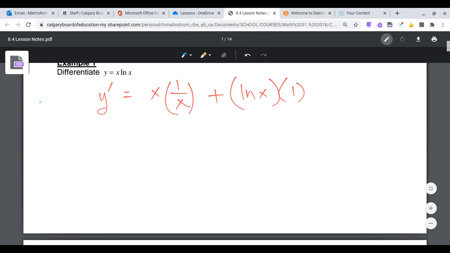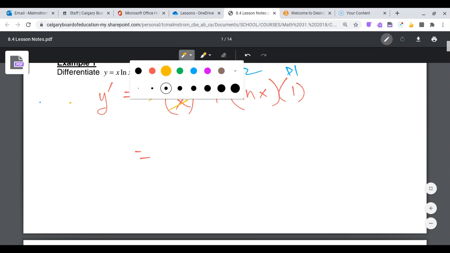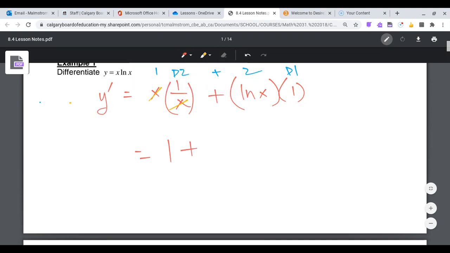So this is just our lovely little song, 1d2 plus 2d1, the product rule is so much fun. And then we can tidy this up. The x's here are going to cancel, and that just leaves me with 1 plus ln x. And that's all you got to do for that one.